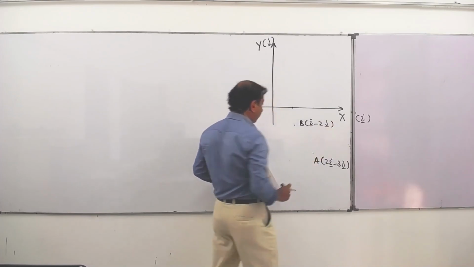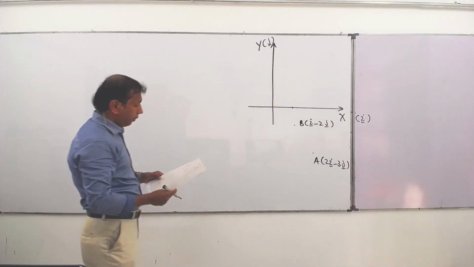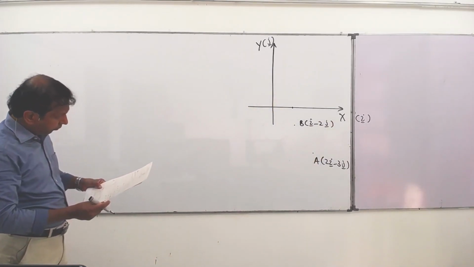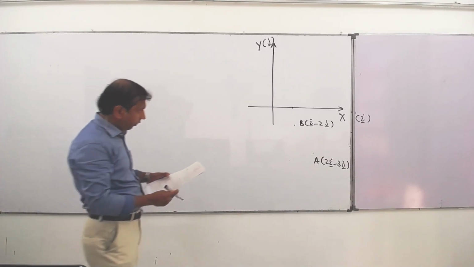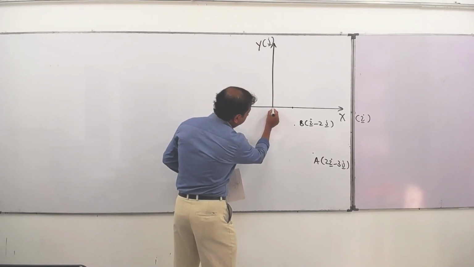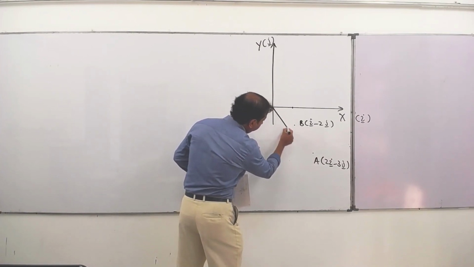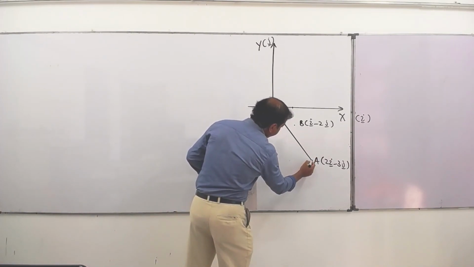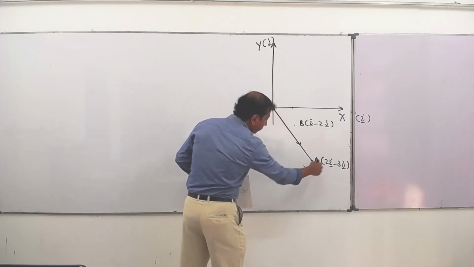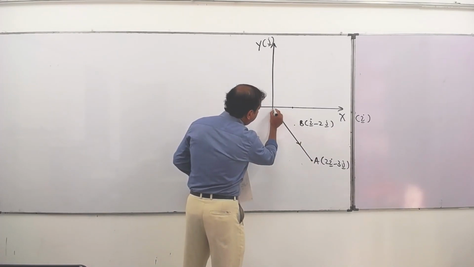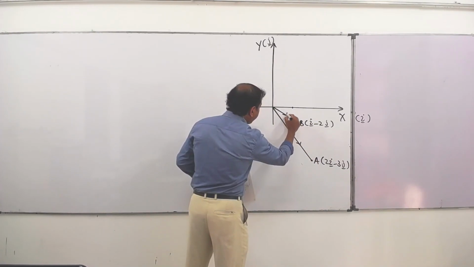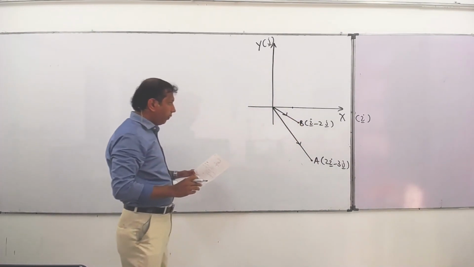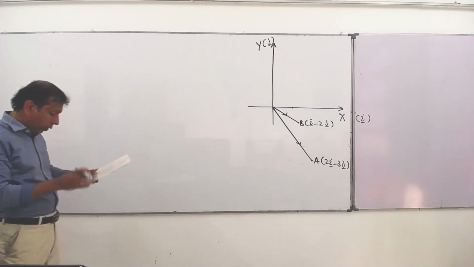This way we have the 2 points, i minus 2j and 2i minus 3j. The position vector of point A is 2i minus 3j. Okay. Now, what are we asked?